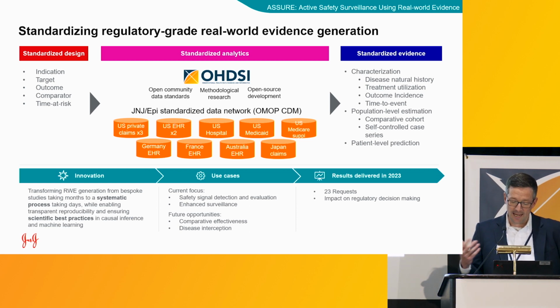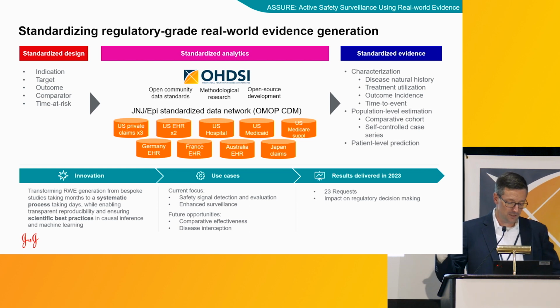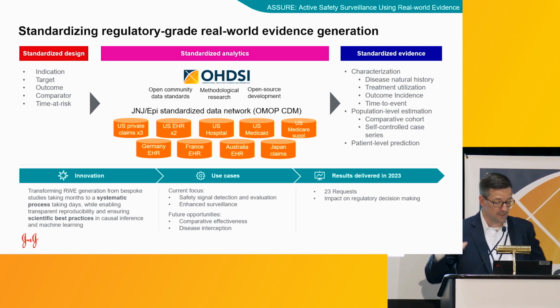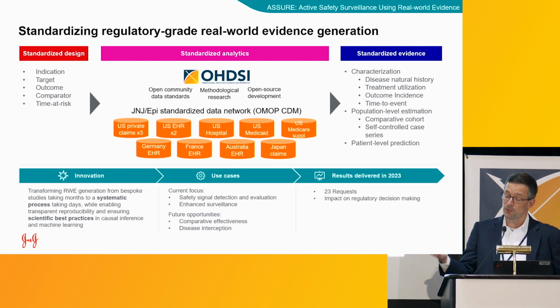This standardized design takes the following inputs: target, or our drugs of exposure of interest, comparator, indication, outcome, and the time at risk. This analysis package then produces the reliable evidence that we need to make the decisions within our organization. We get a Shiny dashboard to document the cohort diagnostics, the cohort characterization, the patient level prediction, and as you already saw with regards to the population level estimations from comparative cohort and self-controlled case series.